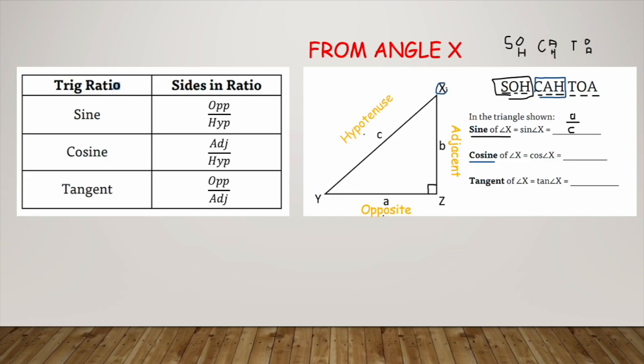So what side is adjacent to x? That's going to be B. So B is going to be our numerator. What side is the hypotenuse? That's C. So C is our denominator. And then finally, tangent, T-O-A, is going to be the opposite over the adjacent, which in this case is just going to be A over B.